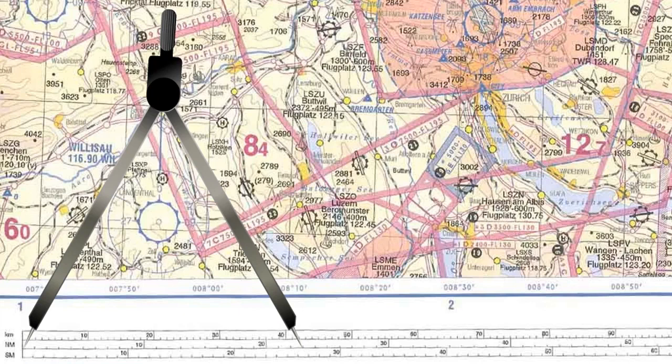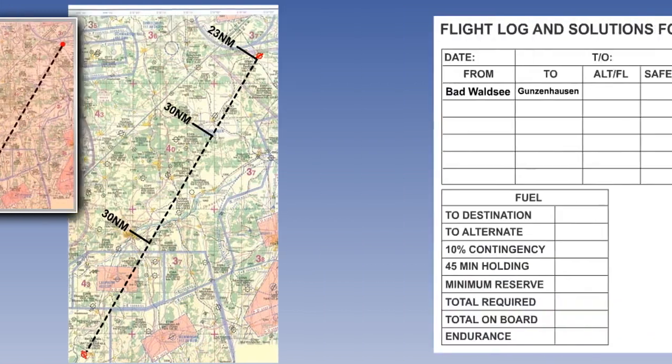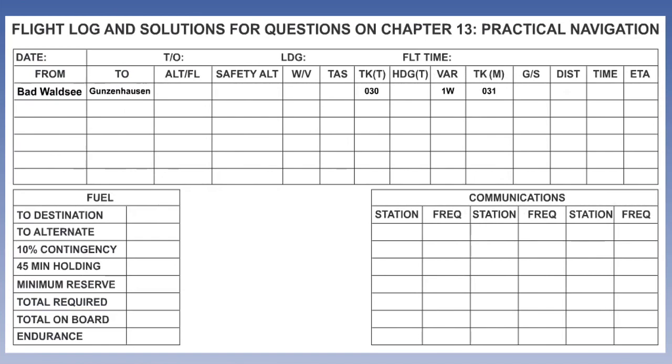It should show a distance of 23 nautical miles. So in total, you have done 2 sections of 30 nautical miles and 1 section of 23 nautical miles, giving a total track distance of 83 nautical miles. Enter this in the flight log.